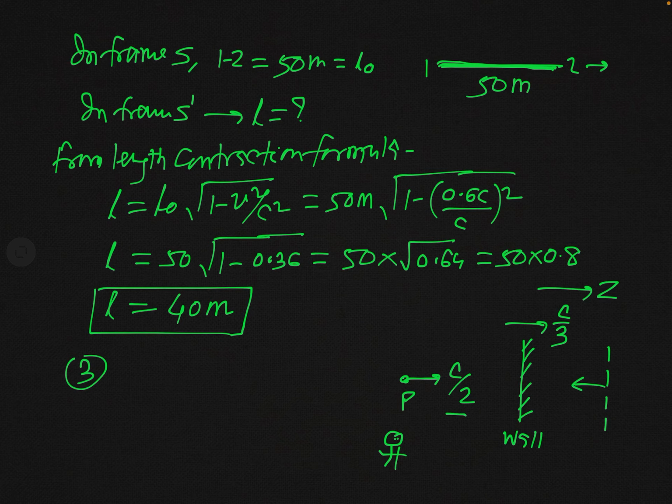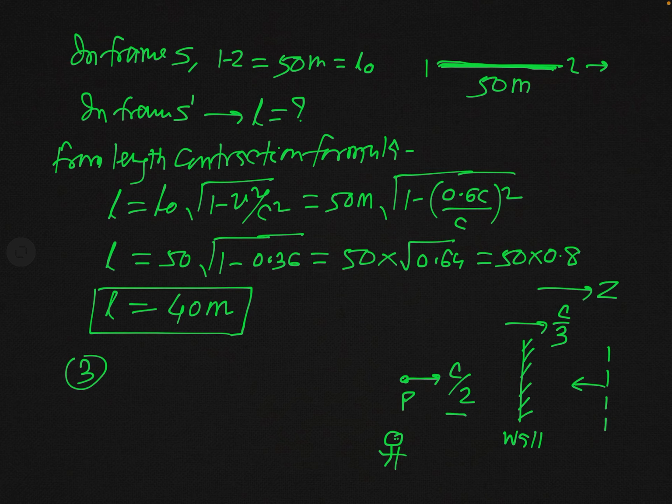It means the velocity of the lighter particle after collision will remain the same, but its direction will be reversed. We have to find the velocity of the particle after the elastic collision. In classical mechanics the velocity would remain c by 2, but that is true only when the wall is stationary.